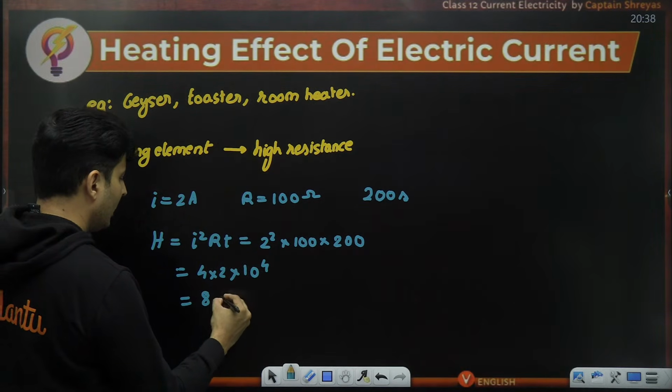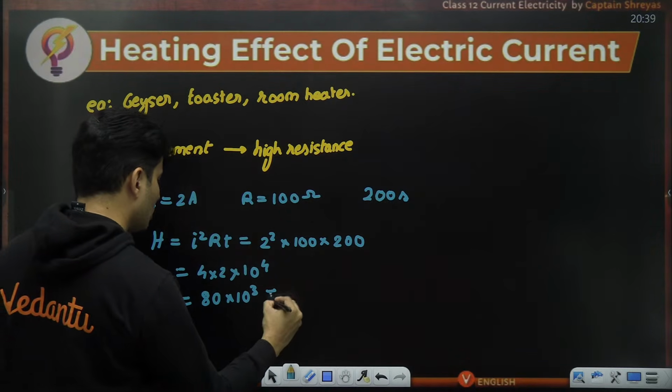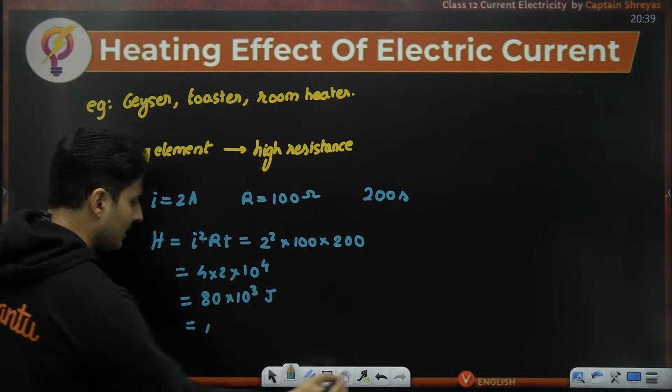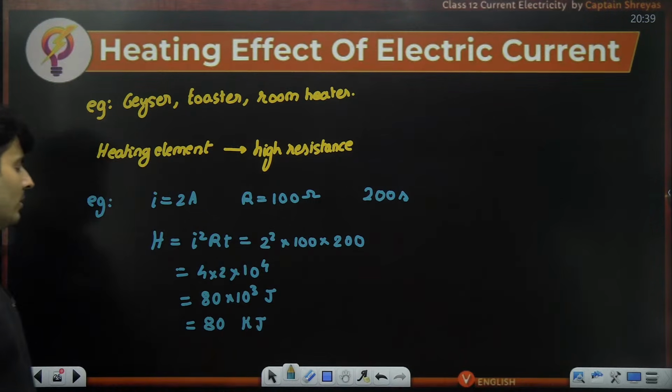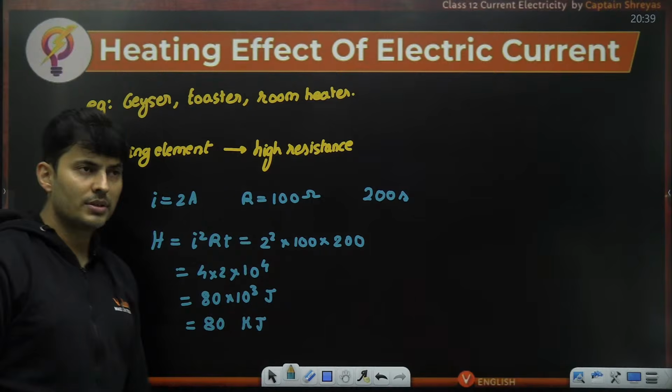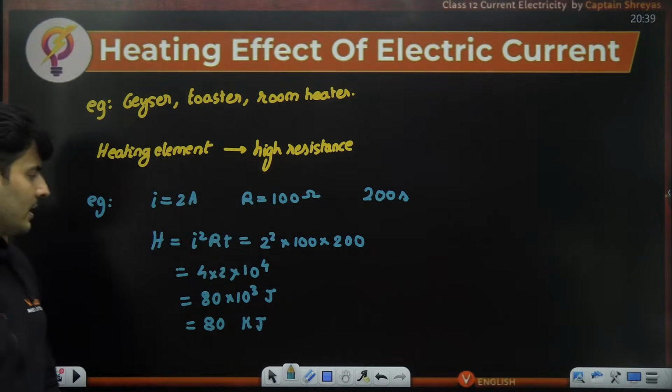So this will be 80 multiplied by 10 to the power 3, in joules. So 80 kilojoules of heat will be provided in this particular arrangement.